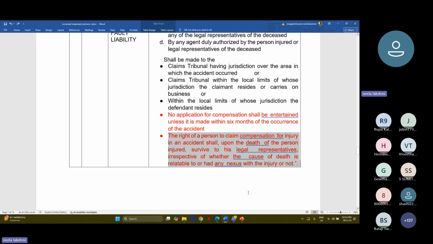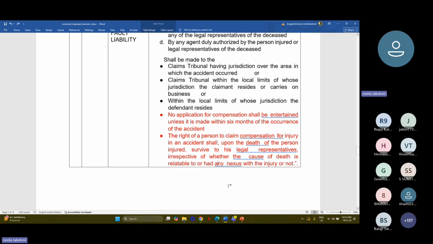But as per the amended act, if the injured person dies, whether due to the accident or not due to accidental injuries, the rights with the legal representative continue. The legal representatives can still claim the compensation for the injury of the person who died.